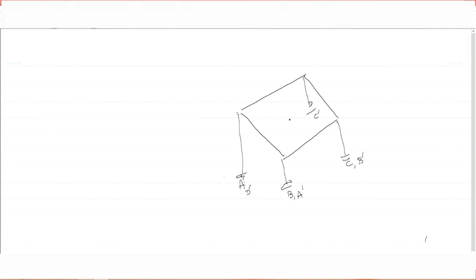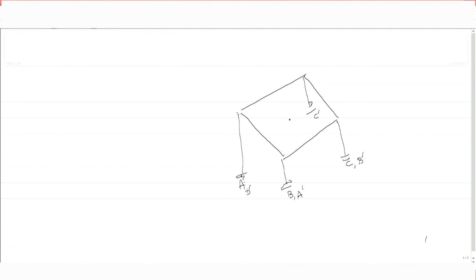It says that there is a position during the motion where the foot D of the table will touch the ground, since D was above the ground and D dashed is below the ground.